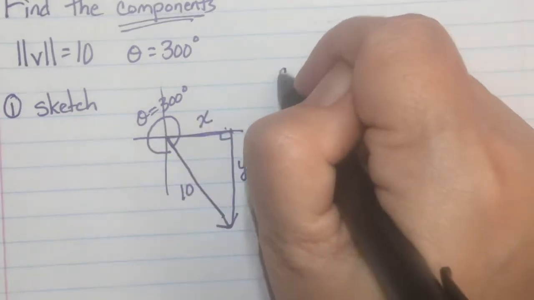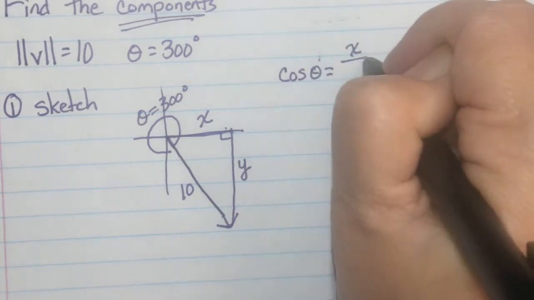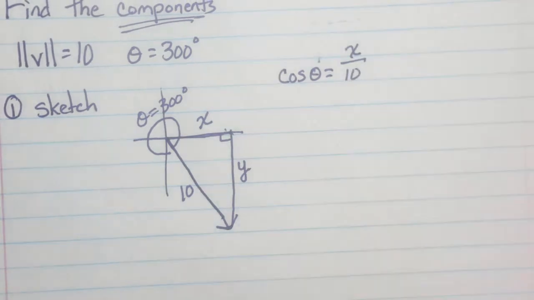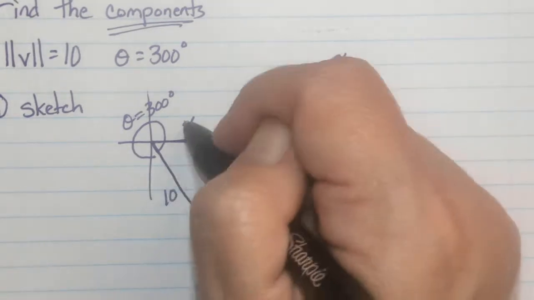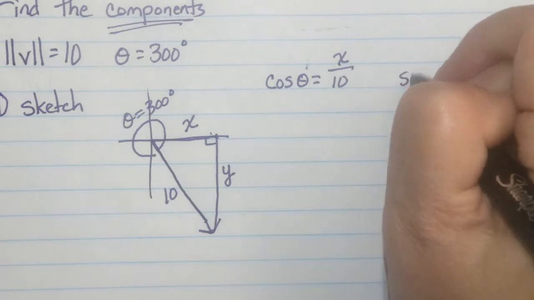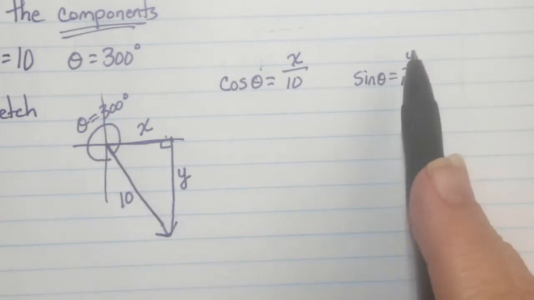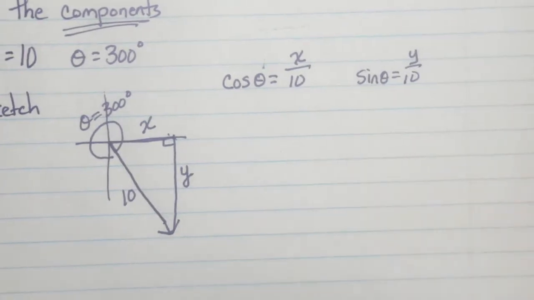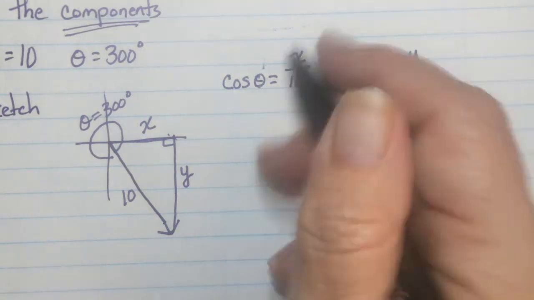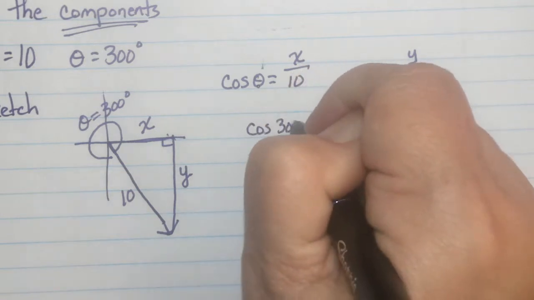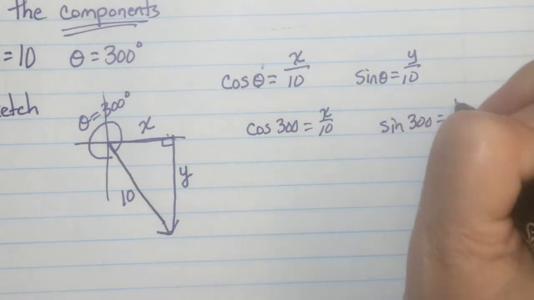So I know that the cosine of theta is equal to x over 10, adjacent over hypotenuse, and the sine of theta is y over 10, opposite over hypotenuse. And I know theta is 300. So cosine of 300 equals x over 10, and sine of 300 equals y over 10.